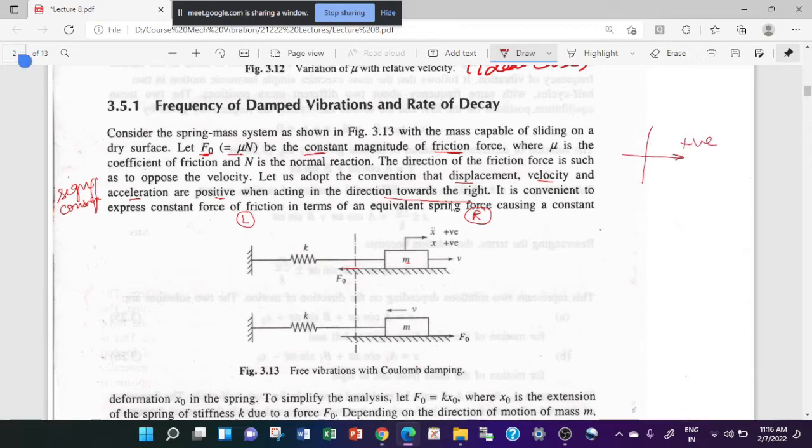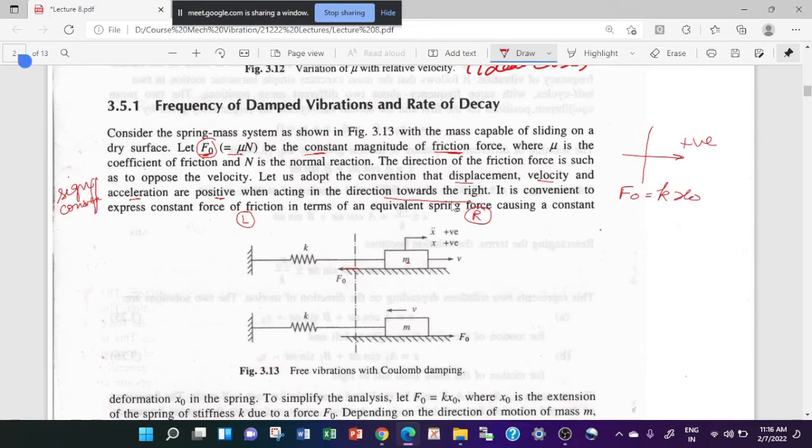And all the three components are in this direction, they are basically positive here and vice versa. We will assume that this frictional force is constant here, and this frictional force will be considered in terms of some spring force stiffness, that is your k x naught.